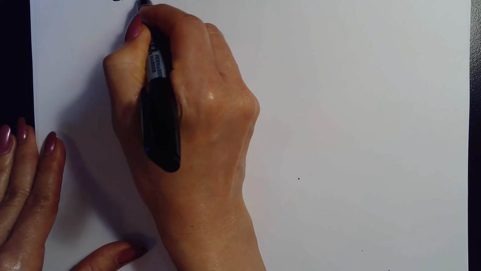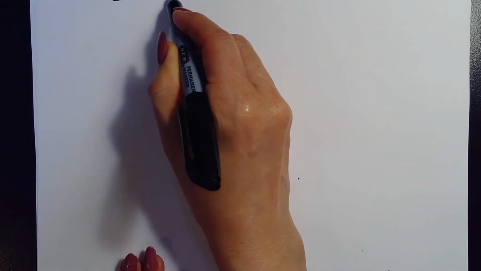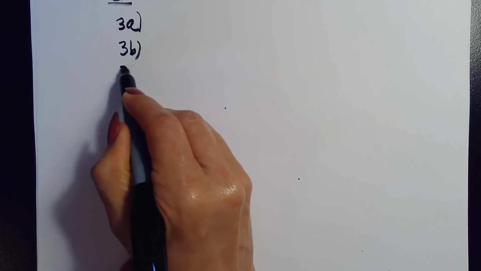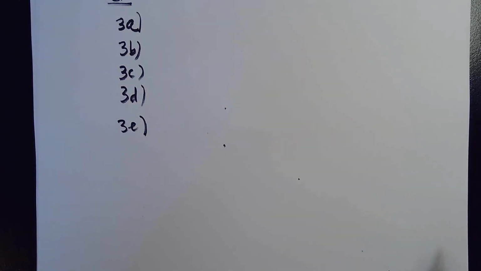And so now the next set of examples, we're going to look at examples 3A through 3E. For each one, 3A, 3B, 3C, 3D, and 3E, we're just going to look at the statement.